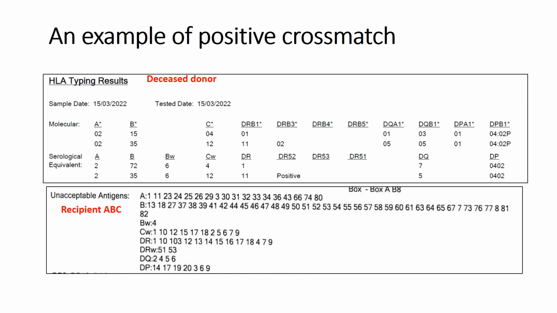In this example, the recipient has a CW12 antibody that can react with the CW12 antigen, has DR1 antibodies that can bind to the DR antigen, and lastly has DQ5 antibodies that can bind to the DQ5. So in this case, the patient has a positive virtual cross-match for both class 1 and class 2.